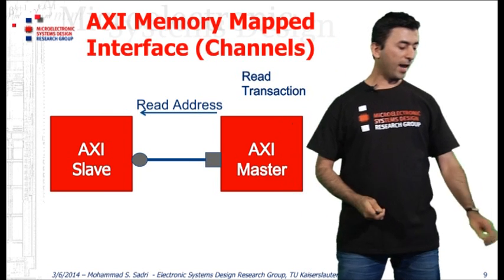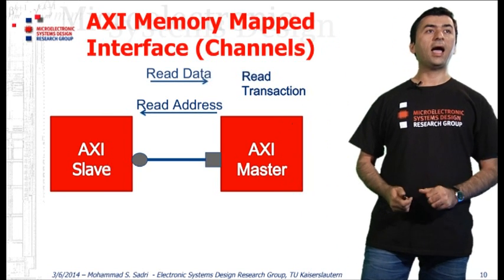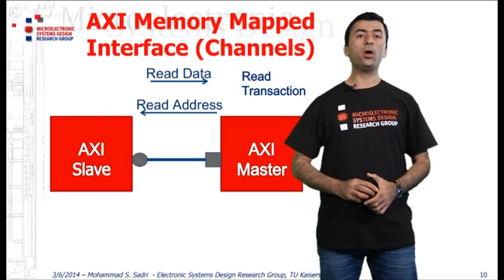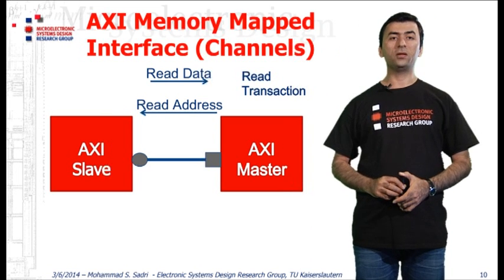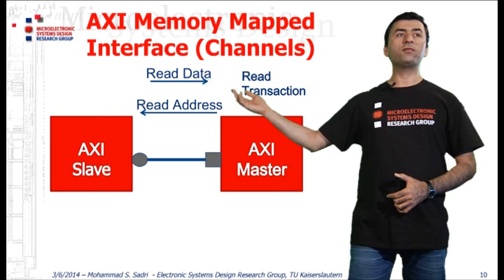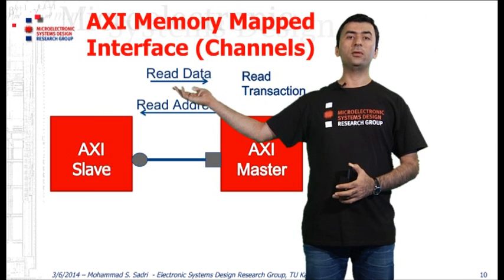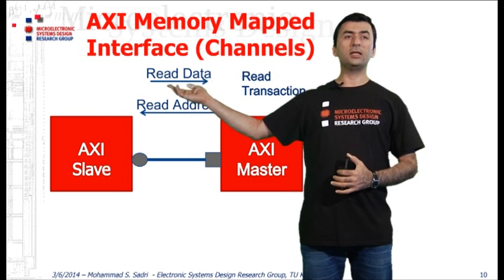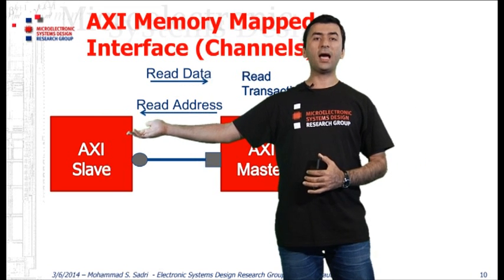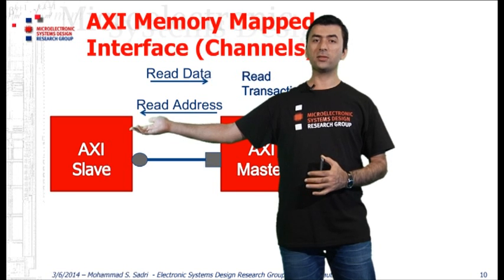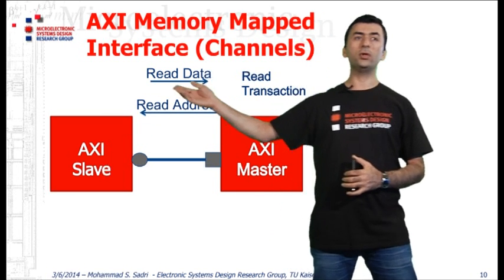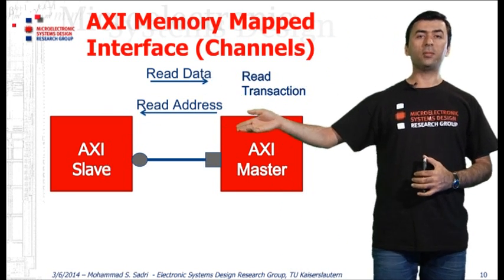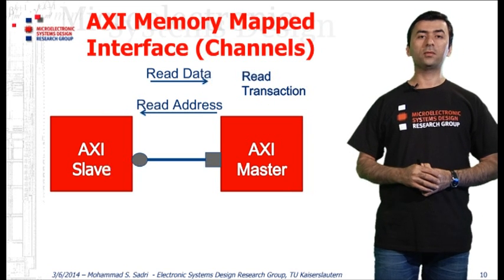Then, the AXI slave answers with the required data to the AXI master. So, we have a read data channel. Through the read data channel, the data in the specified address by the AXI master will be transferred to the AXI master, to the requesting component.